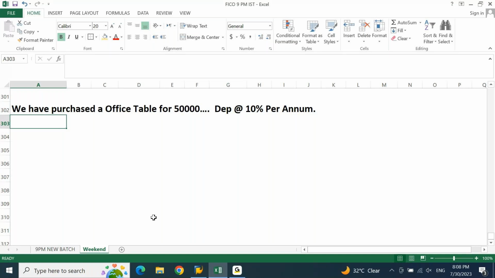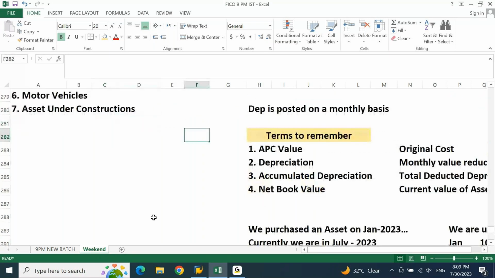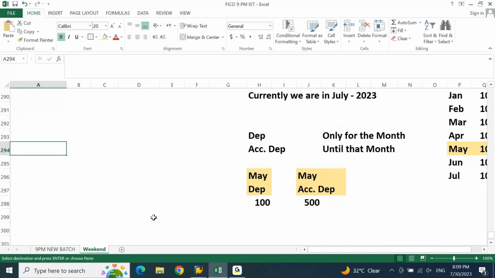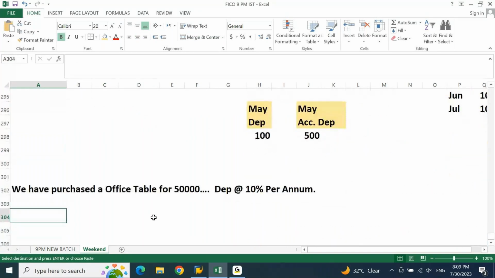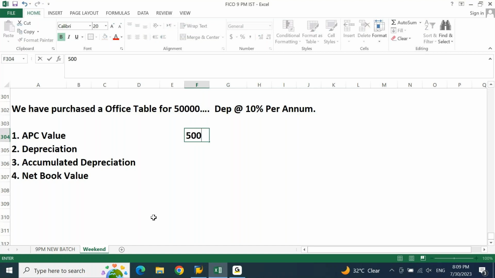Now, these four terminologies that I have listed, let me copy and put here. From this example, APC value is original cost. What is the value that we purchased the asset for? 50,000. So I will mention 50,000 here. Depreciation is currently a question mark.